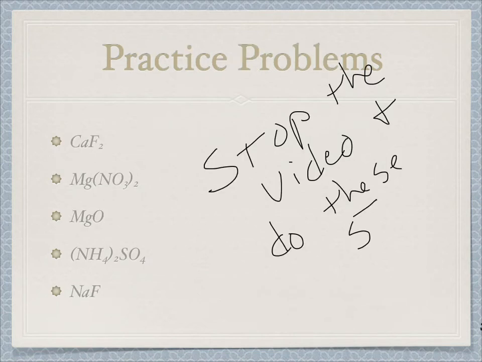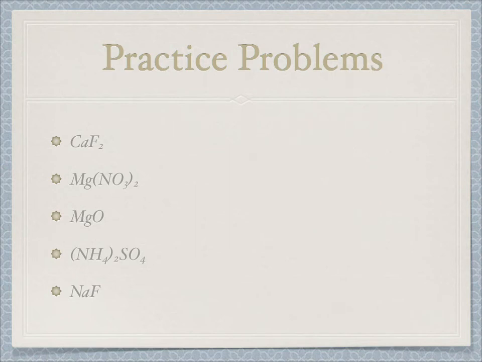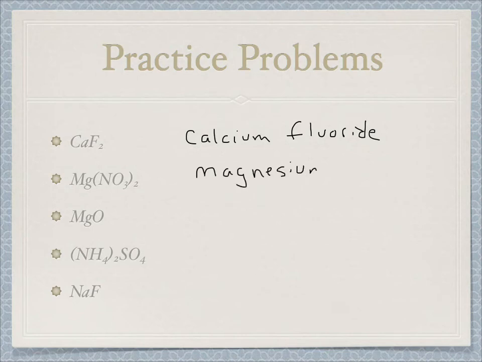Alright, why don't you take a minute, stop the video, and write down these 5 answers, and then start the video again. Alright, so let's do them. Calcium fluoride, magnesium. Notice that these are kind of a combination of different ones.